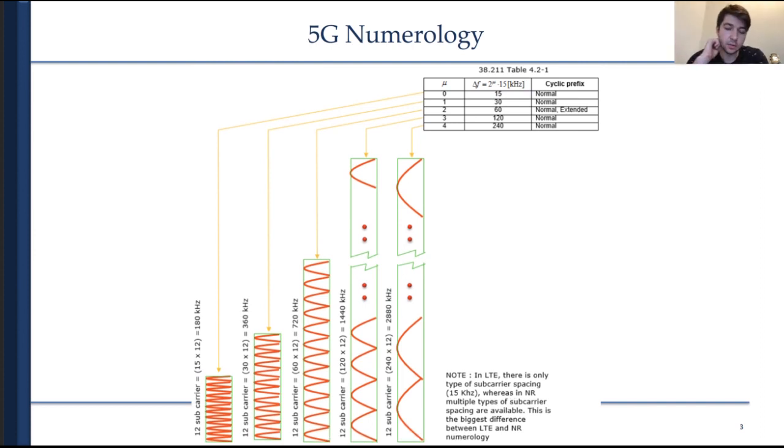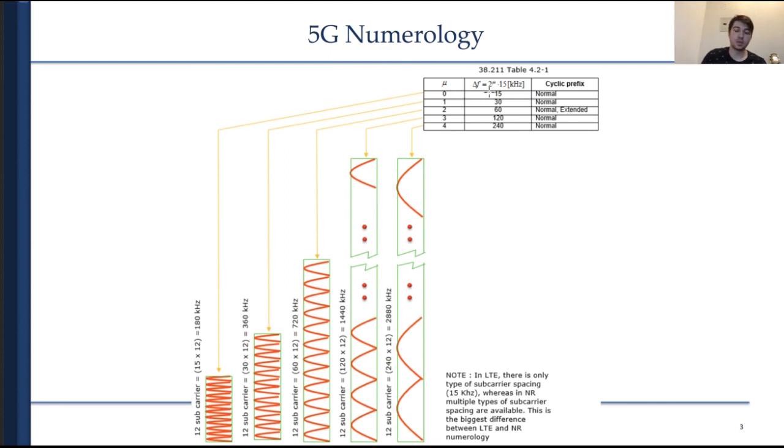So speaking about new frequency ranges, we now move to another essential component of 5G, and it is called 5G numerology. In traditional LTE networks, we assume one frequency resource block composed of 12 subcarriers, and the subcarrier spacing was 15 kilohertz.